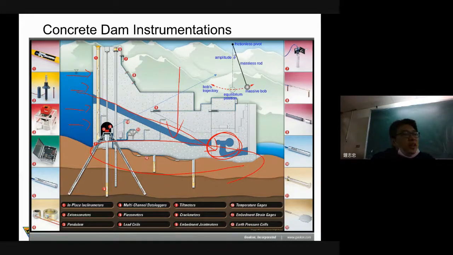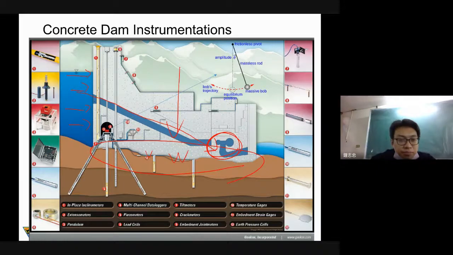This kind of concrete dam is like a retaining wall. From your class, there are three indexes we need to check to make sure of the stability of the retaining wall. The first one is the bearing capacity, right? We need to make sure of that.